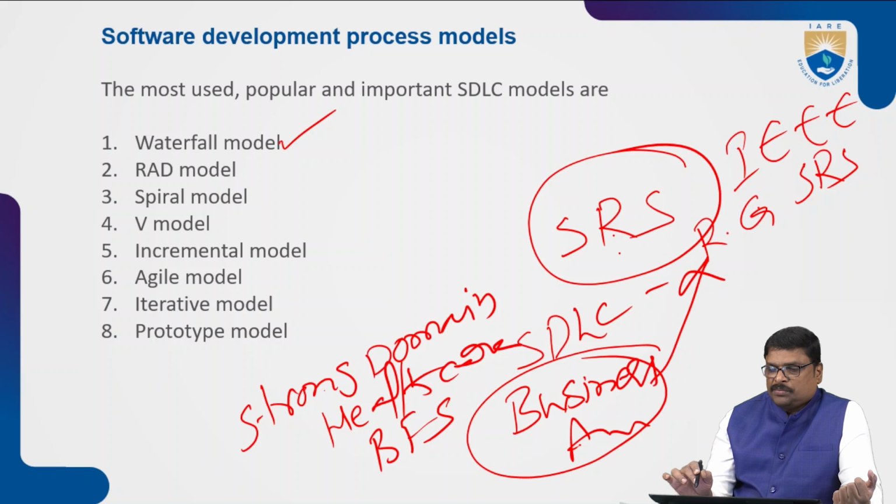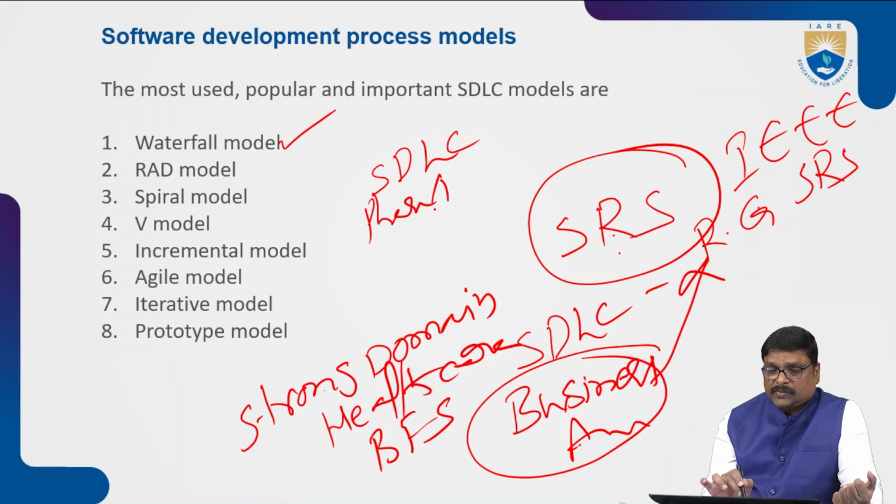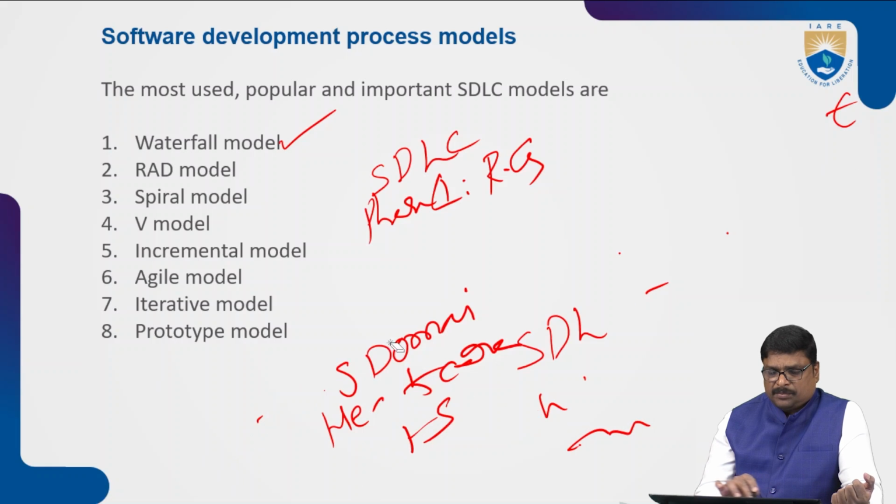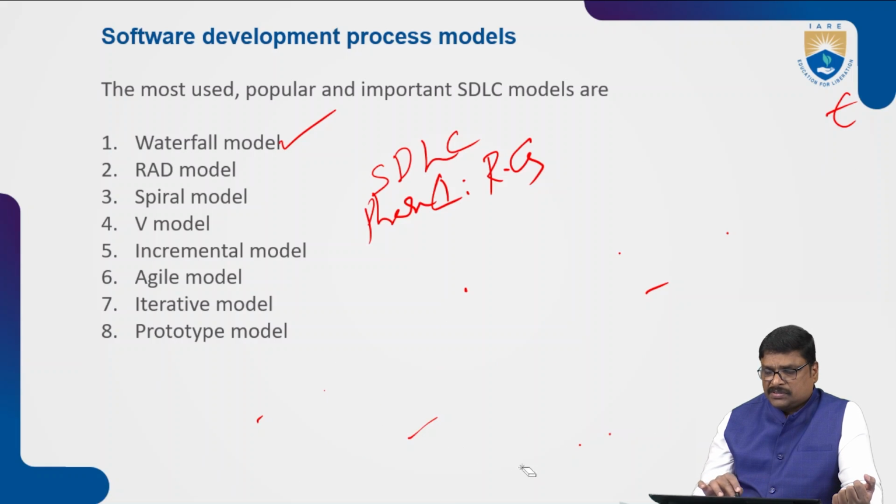That has to be finalized in phase 1 of any SDLC, which is requirements gathering. After requirements are gathered and analyzed, what is the next step in the process model, irrespective of any process model?